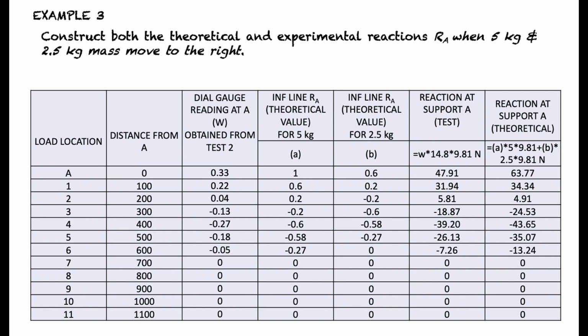The gauge reading we put in a new table as shown here, and this dial gauge reading is the value that needs to be multiplied by the coefficient 14.8, while the theoretical value we obtain from the reading of the influence lines times the respective mass, that is 5 kg and 2.5 kg as shown in the table.